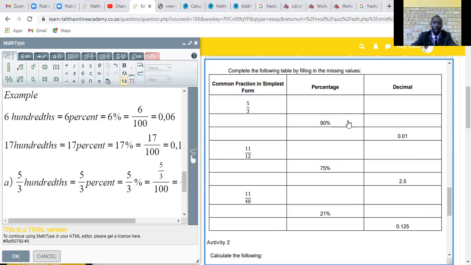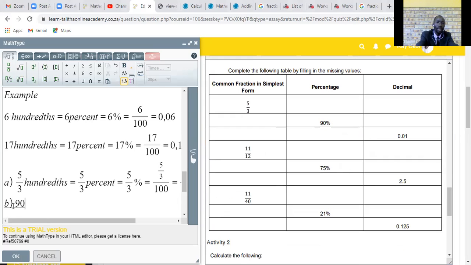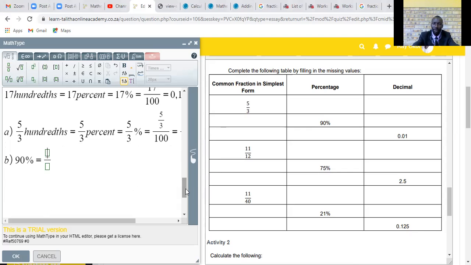Now, the next question is given in percentage. That is part B of this activity. We have been given the number in percentage. Already it is up to step 3. So what do we do then? Well, we just write it in fraction notation. In the fraction notation form, we will be having 90 over 100.